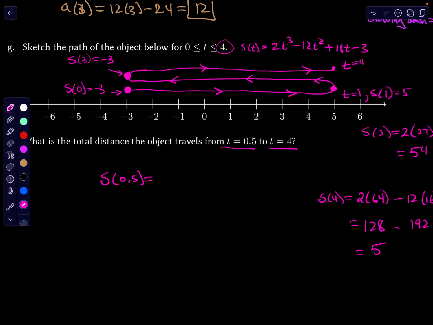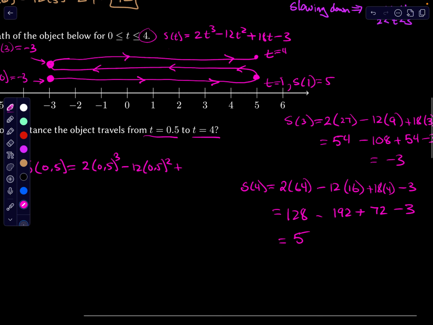This is going to be 2 times 0.5 cubed minus 12 times 0.5 squared plus 18 times 0.5 minus 3. I did this earlier on my calculator, and I got negative 1.25.